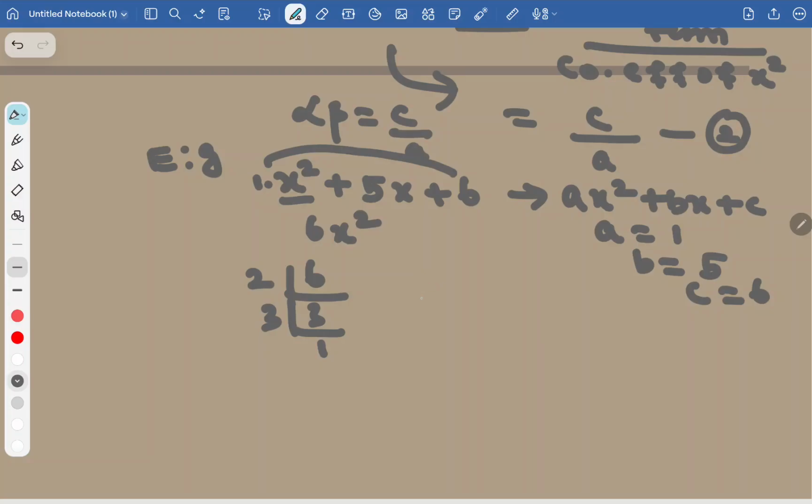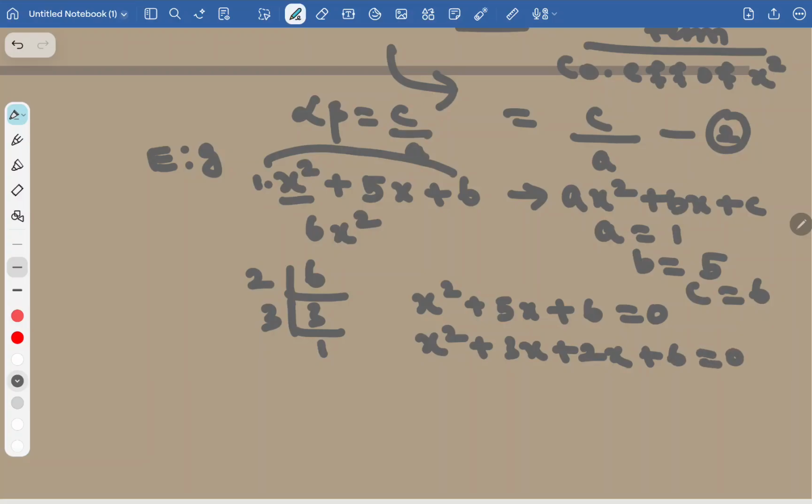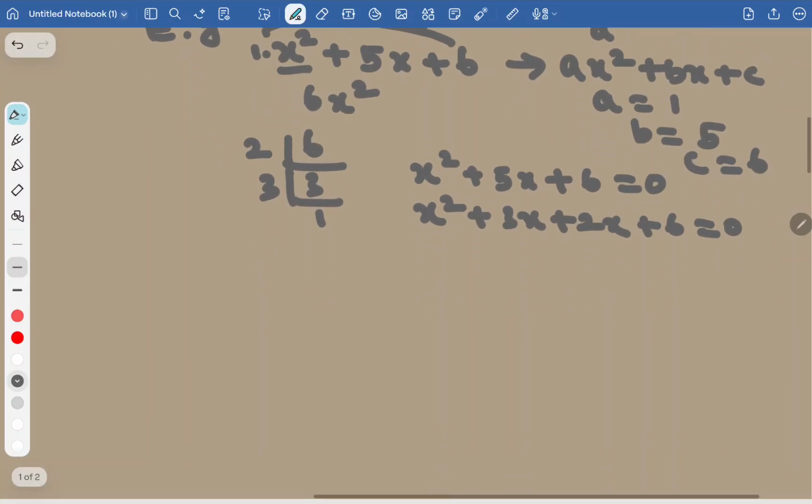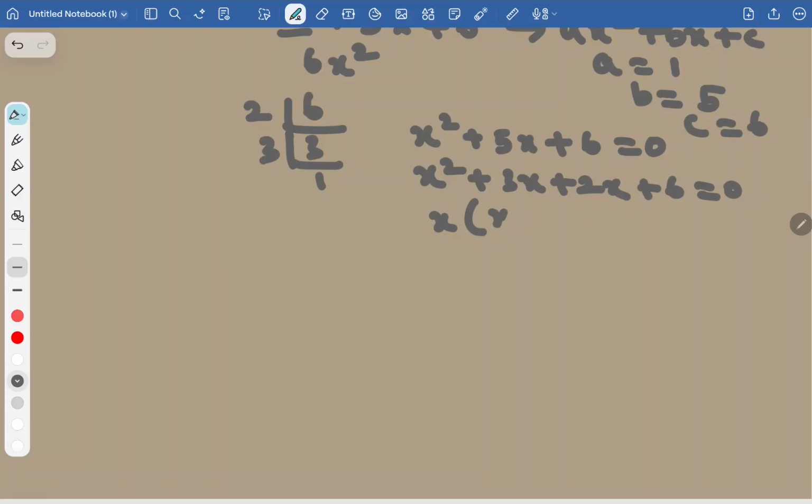Now I am going to equate x square plus 5x plus 6 equal to 0 to find the zeros. The 5x can be written as 3x plus 2x, plus 6 equal to 0. Take x outside: x into x plus 3, 2 into x plus 3 equal to 0.